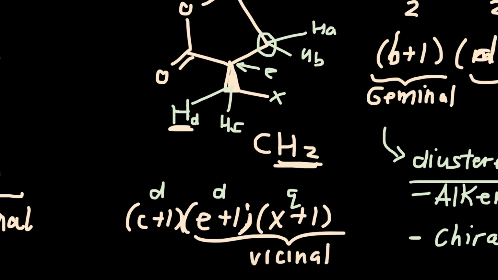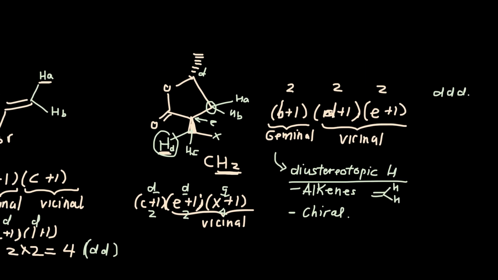Because C, there's 1 C hydrogen, so that's 1 plus 1, that makes 2. There's 1 adjacent E hydrogen, 2, and the methyl here has 3, so 3 plus 1, that will give you 4. So this is doublet of quartet. That will be the splitting pattern for HD.